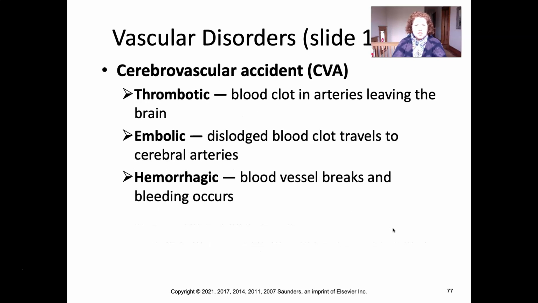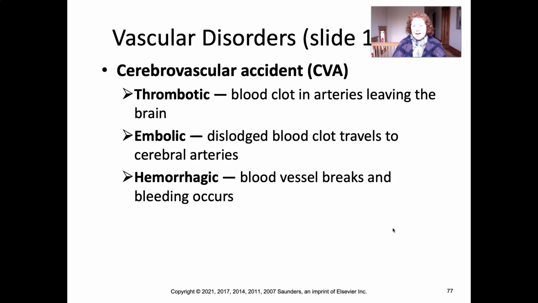Vascular disorders. You can have issues with blood flow to the brain, within the brain, coming back from the brain. There are different types of strokes that can happen with the brain. There's a thrombotic stroke where you get a blood clot in the arteries leaving the brain. There's embolic, where a dislodged blood clot travels to the cerebral arteries and causes the stroke.